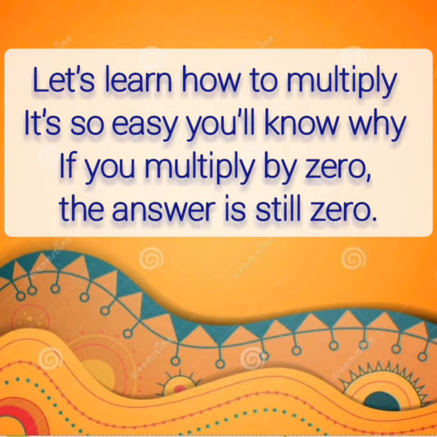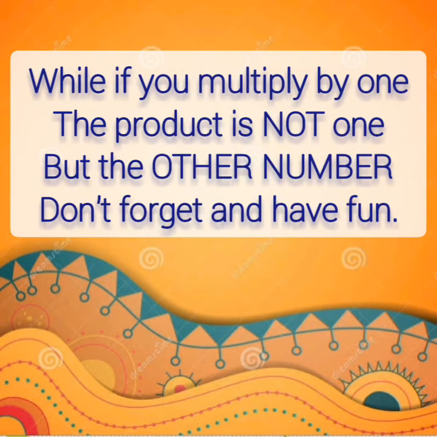Let's learn how to multiply. It's so easy, you'll know why. If you multiply by 0, the answer is still 0. While if you multiply by 1, the product is not 1, but the other number. Don't forget and have fun.